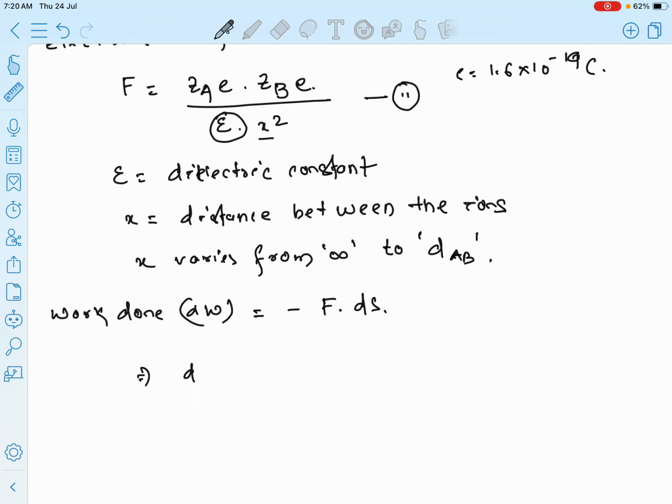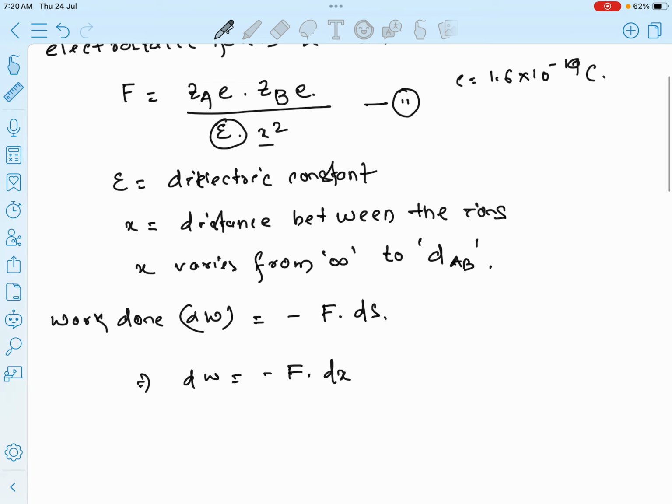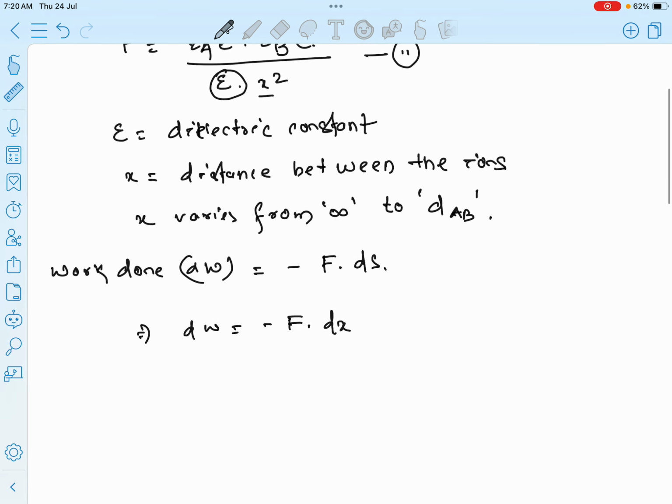For our purpose we are considering the change in the distance. We have taken the distance in terms of x, so what is the change in the distance? That will be dx.